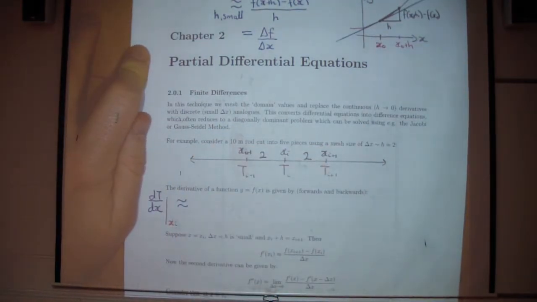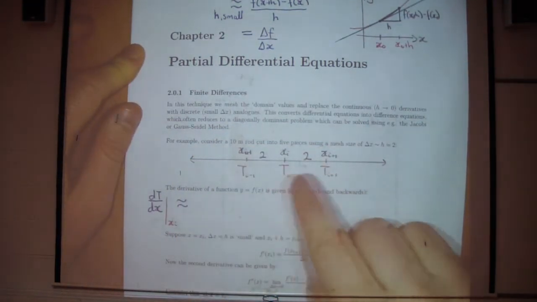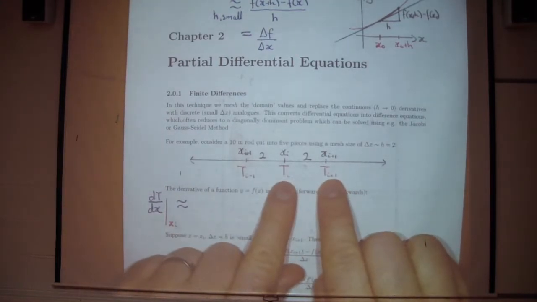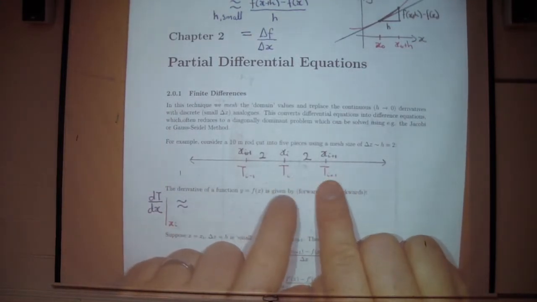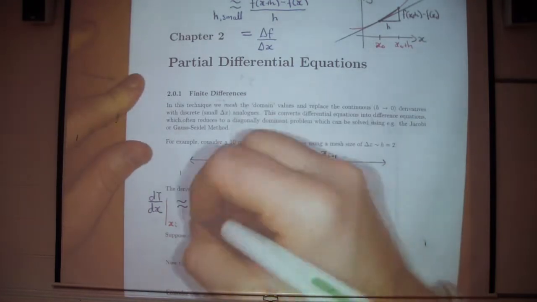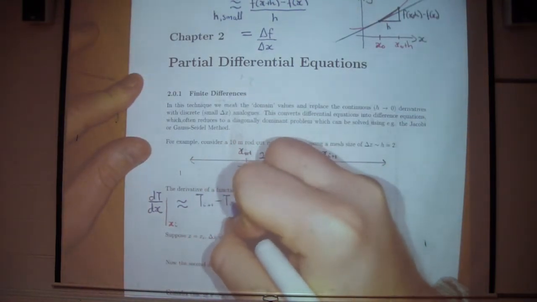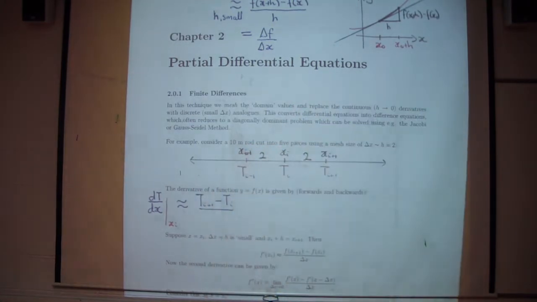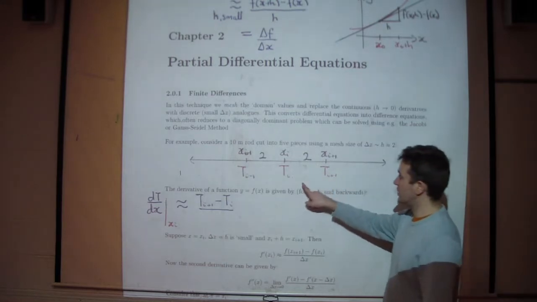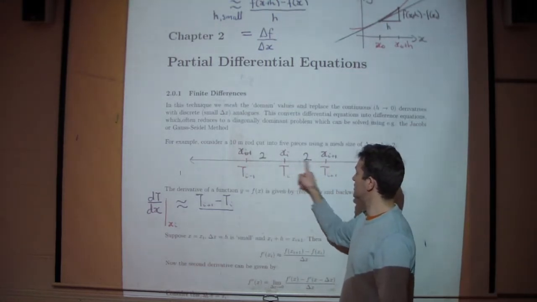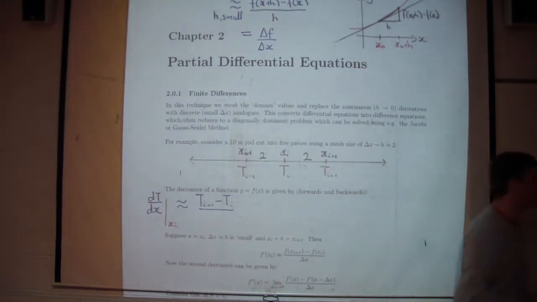So this derivative is approximately, the first one is the forward one. Between these two, what is the change in the function? Well, it's t i plus 1 minus t i. Now, rather than writing down 2, I'm going to write delta x. So that's the change in the function divided by the change in x, which is delta x.